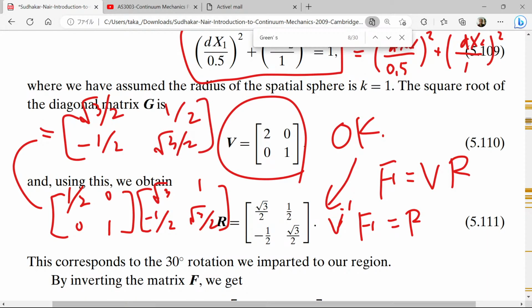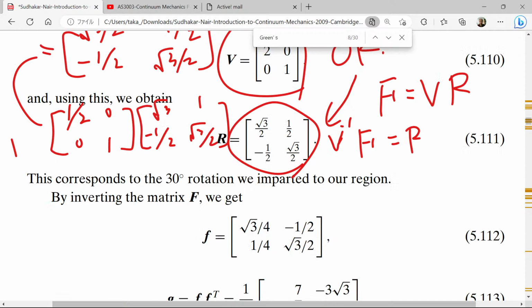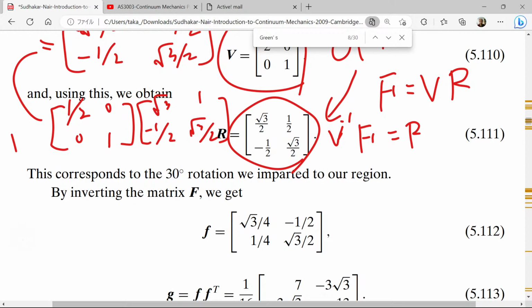Yeah, so we got this. This corresponds to the 30-degree rotation we imparted to our region.